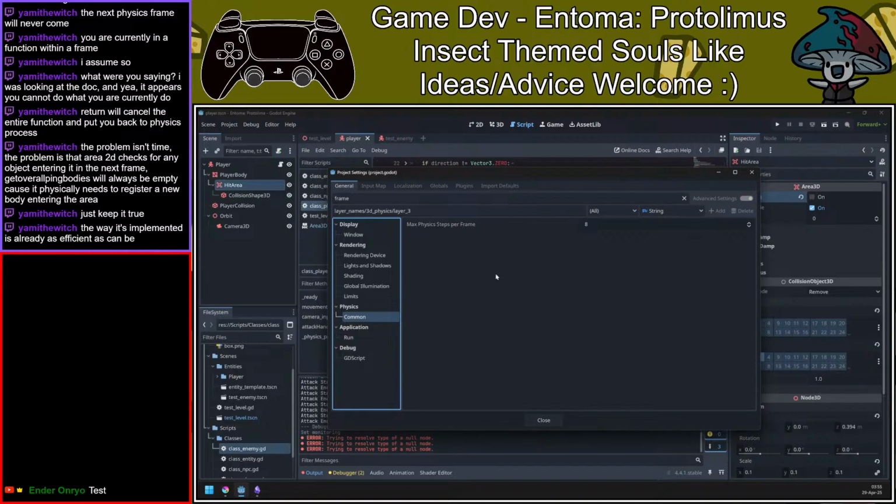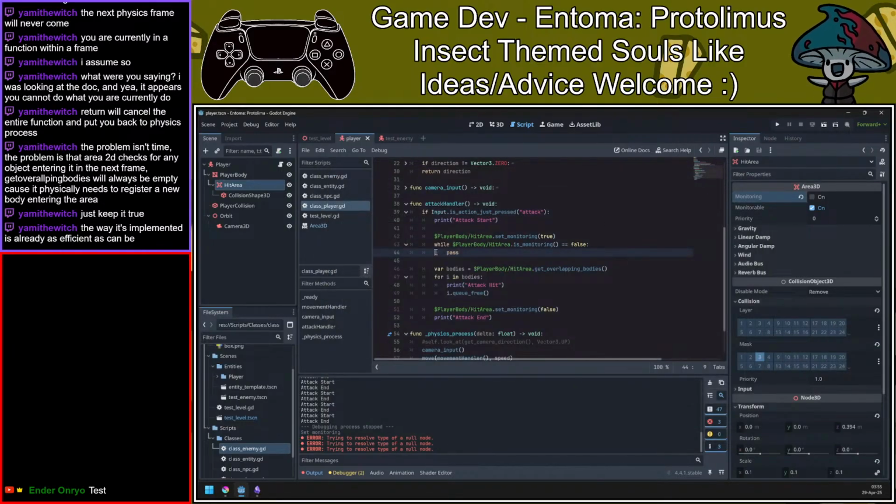The way it's implemented is already as efficient as can. How is it already as... How is constantly checking every single frame the most efficient? That seems like if you have every single area body always checking, it's going to build up process.